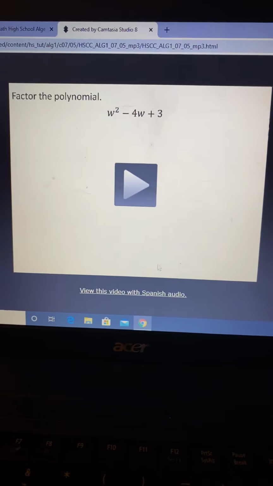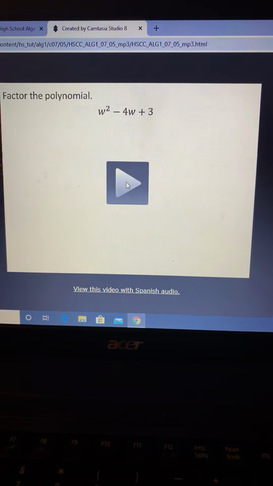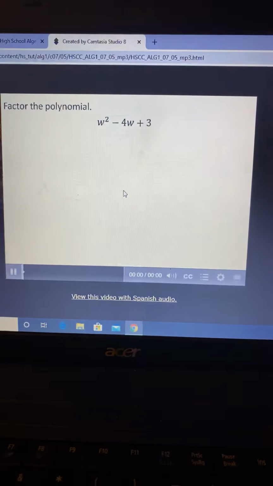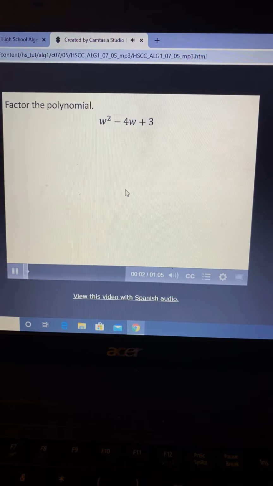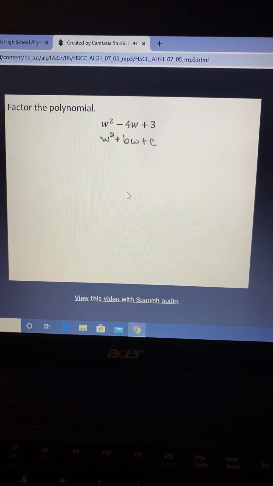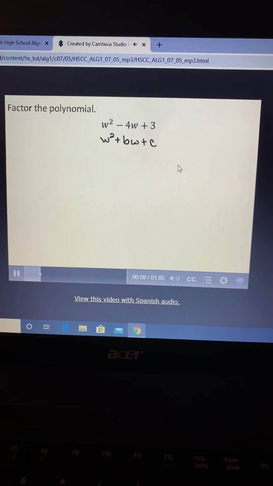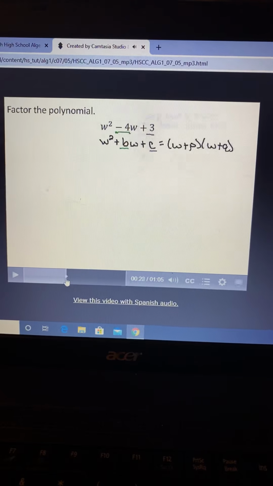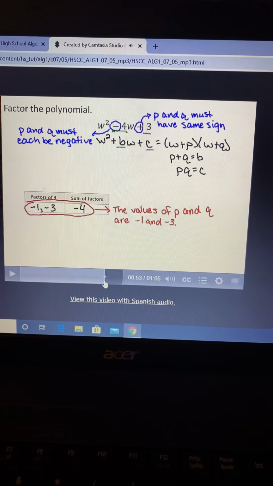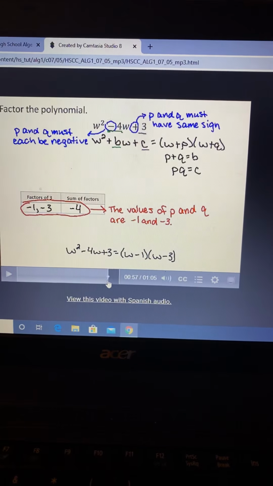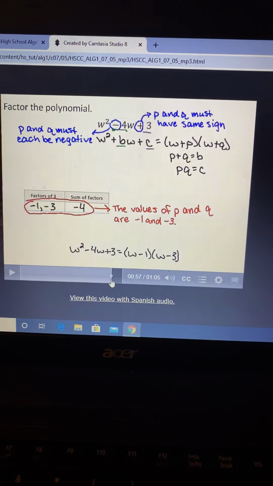Let's click on one there and see what that one says. Factor the polynomial w squared minus 4w plus 3. Notice that the polynomial is of the form w squared plus bw plus c, where b equals negative 4 and c equals 3. Let's see if we can just zap through all of that and just see the answer at the end.